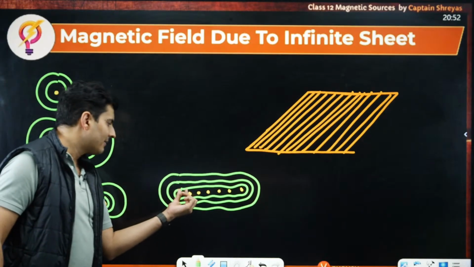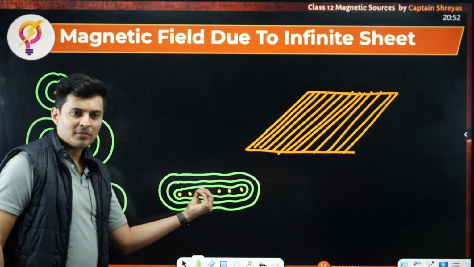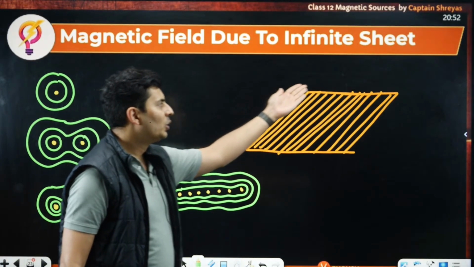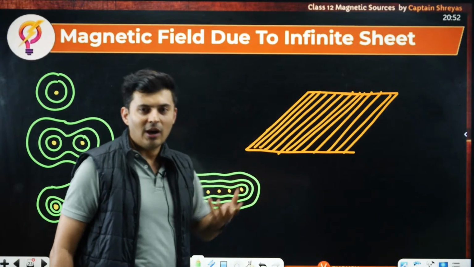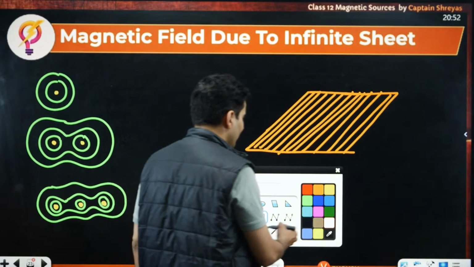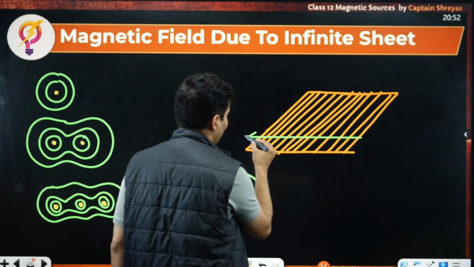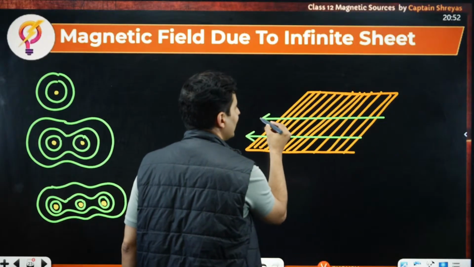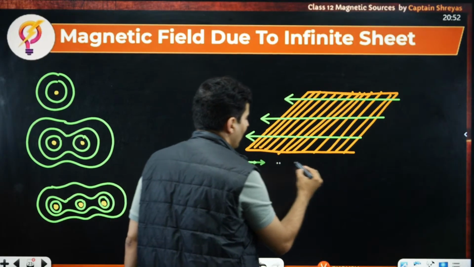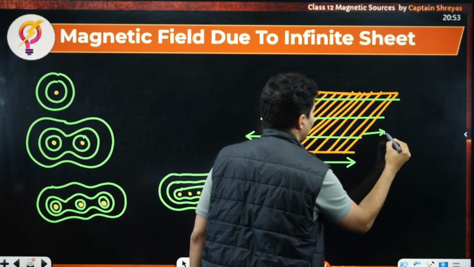Now imagine the wires are very close to each other and there are many such wires. So due to this sheet, can you now guess what kind of magnetic field will be there? 100% you would have guessed it by now. Some magnetic field lines will be going like this from the top. Finally, they will come back from there, and from below, they will come like this.